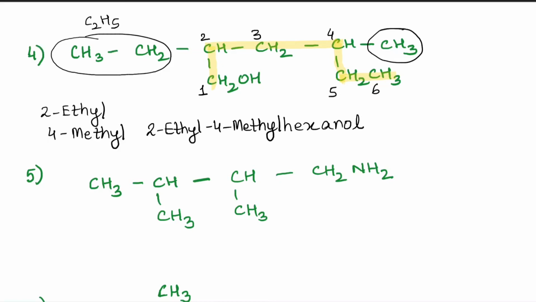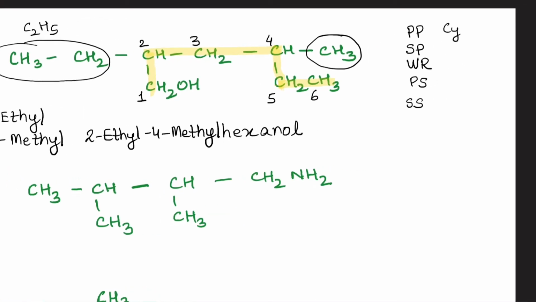So please remember, we have the primary prefix, we have the secondary prefix, we have the word root, we have the primary suffix, we have the secondary suffix. So primary prefix is your words like cyclo. Secondary prefix are your halo, alkyls, all these. The word root gives you the number of carbon atoms in the main chain. Primary suffix ane, ene, yne, whether it is saturated or unsaturated.